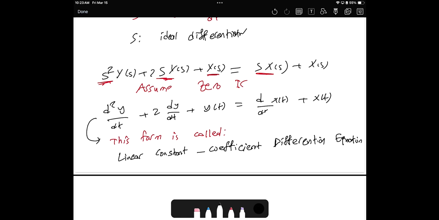As a shortcut, we call it LCCDE. So this is called LCCDE form, which is basically converting this into a differential equation.